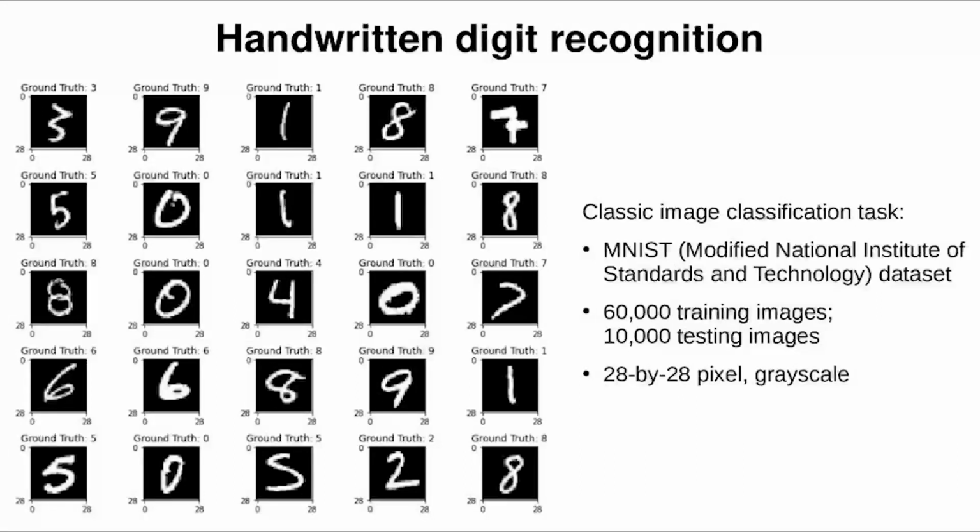To train our model, we will use the classic MNIST. This acronym stands for Modified National Institute of Standards and Technology dataset. This dataset contains 60,000 labeled training images and 10,000 labeled testing images.